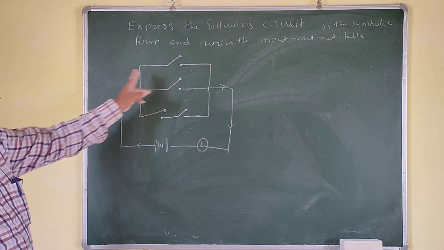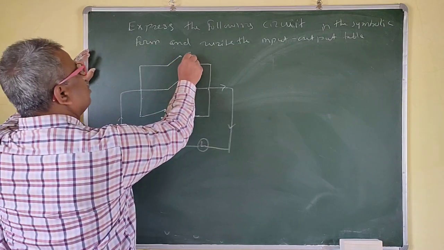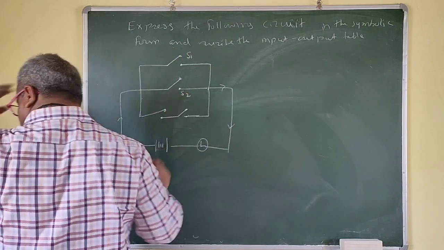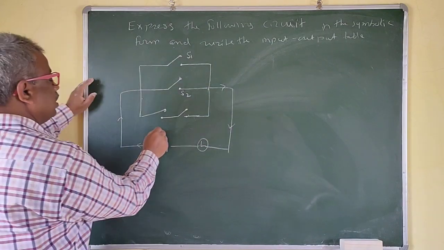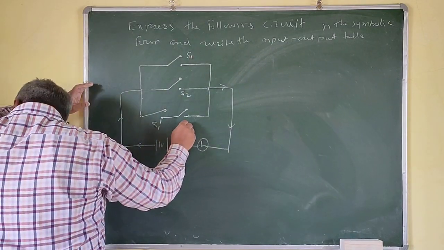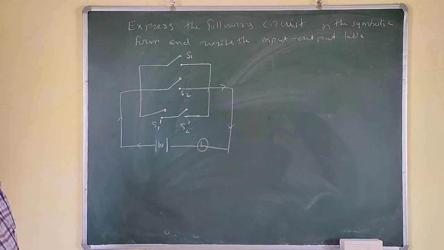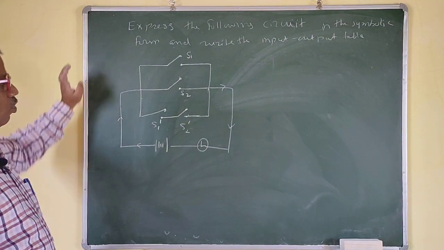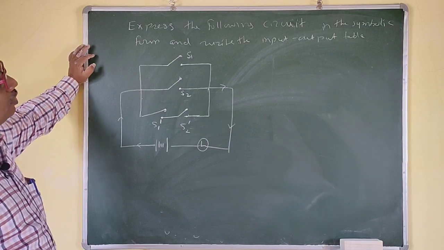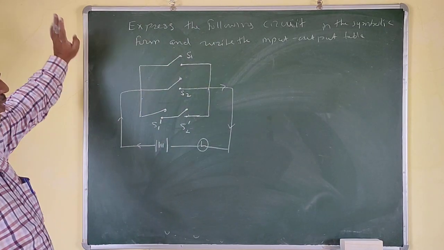Always the current is passing through this one. Now this is S1, this is S2, this is S1 dash, this is S2 dash. S2 dash means negative. This is negation. So we have to express the circuit in the symbolic form.